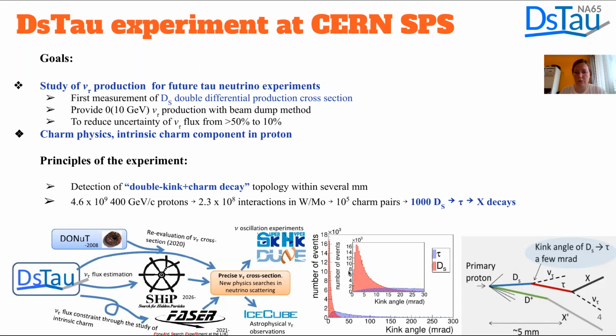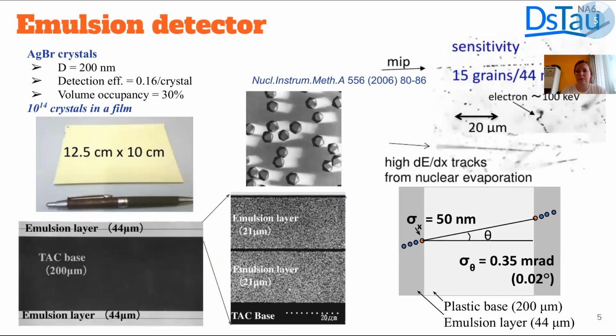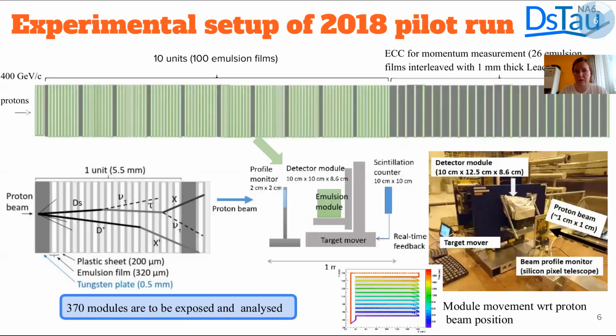It's just few milliradians. This challenging task can be performed with the emulsion detector. For example, we use emulsion which has a spatial resolution about 50 nanometers and angular resolution about 0.35 milliradians.